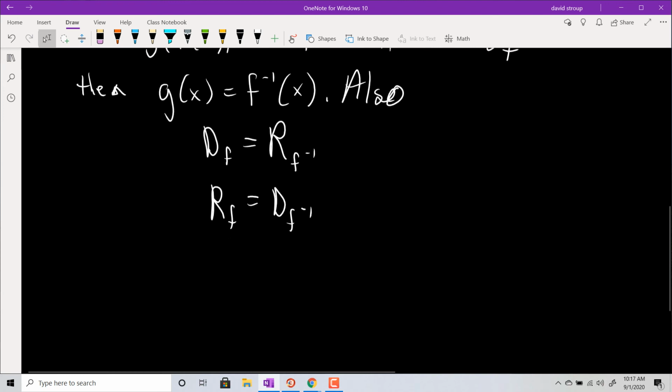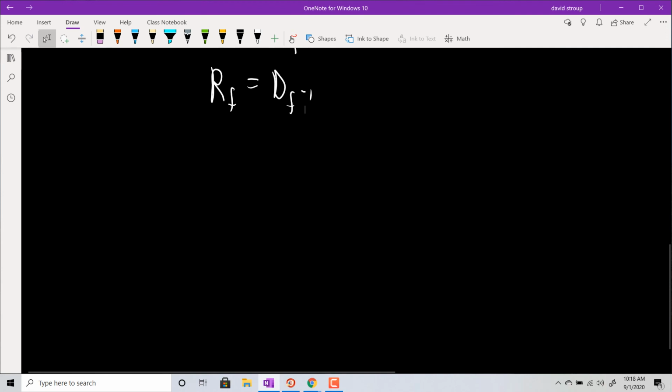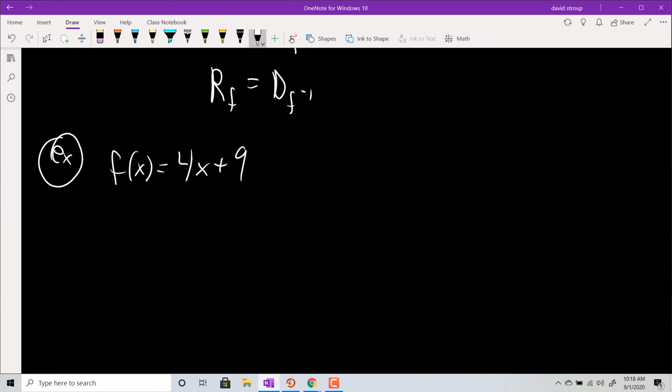Okay, let's look at some exercises. They want you to determine the compositions and then state whether or not the functions are inverses. For example, they give us f of x is 4x plus 9, and g of x is (x minus 9) over 4.